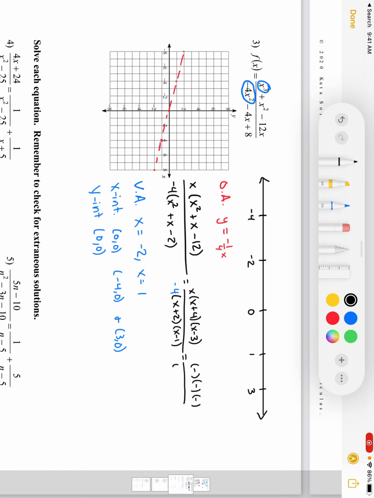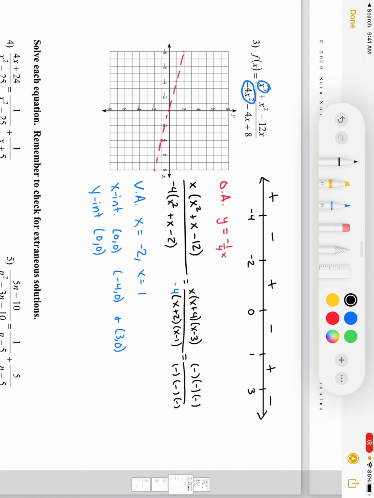Remember that -4 is in the denominator, so 6 negatives actually makes a positive. So again, we just alternate signs. From -infinity to -4, the graph is positive.